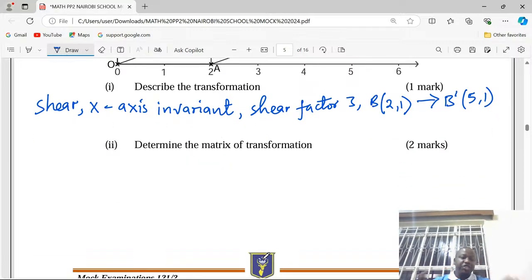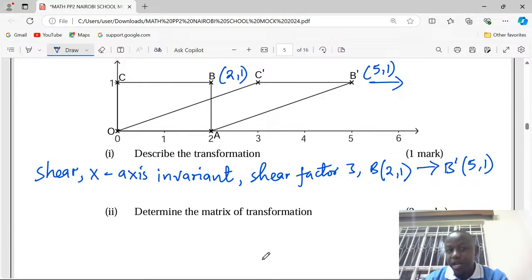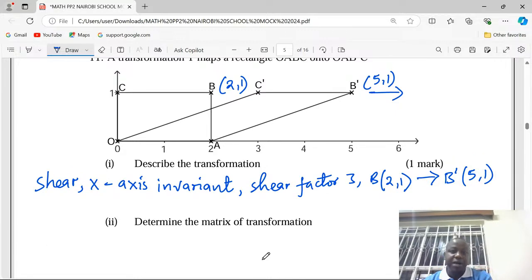So to describe a shear, we have mentioned that it is a shear. We are also giving the invariant line x-axis, and we are also giving the shear factor of 3. Remember, the shear factor will be the same even if we use the other transformed coordinate, that is C to C prime. And you mention that C with coordinate 0, 1 is being mapped to C prime with coordinate 3, 1.